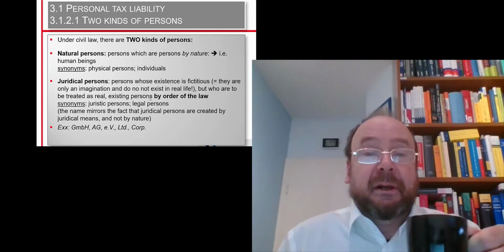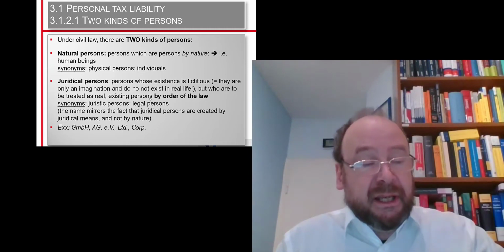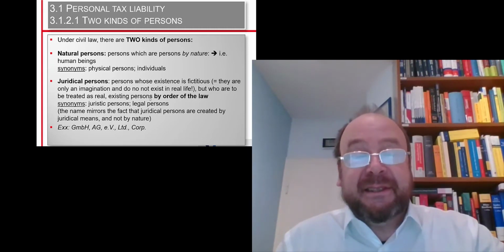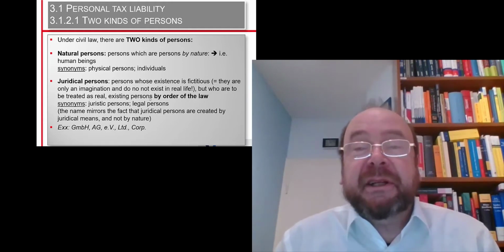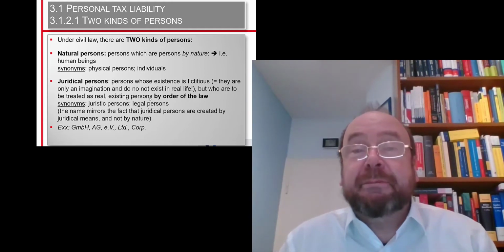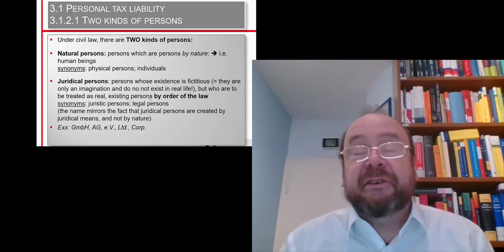So a fiction under the law. And as a consequence of that, this is a legal fiction, the law is binding. Everybody has to do as if there is a person out there which is called Deutsche Bank AG. So Deutsche Bank AG is treated like a person.